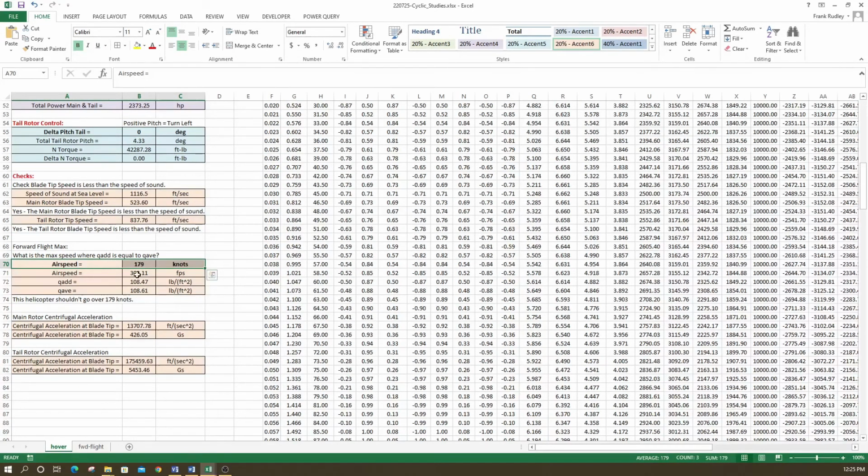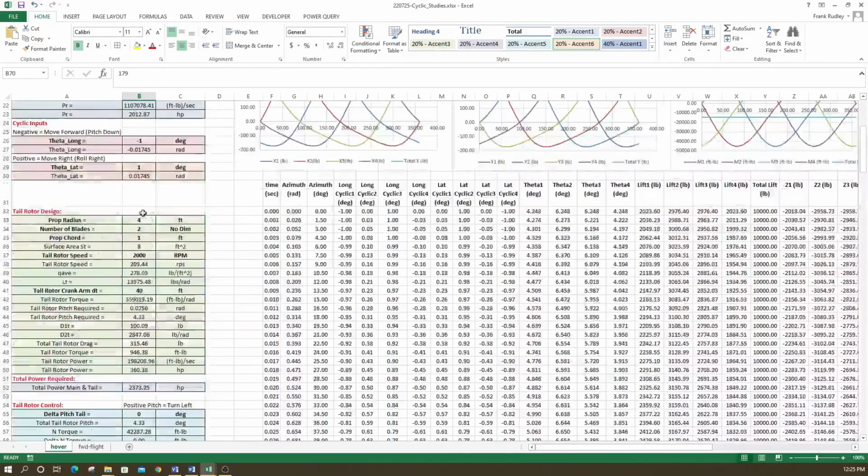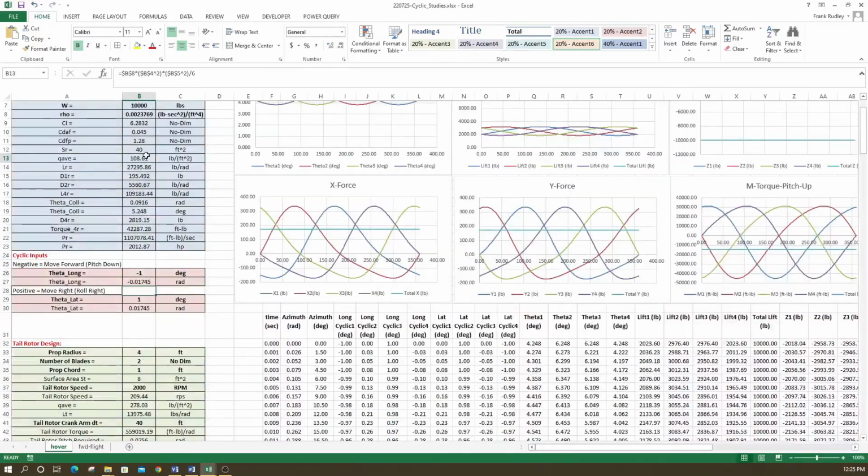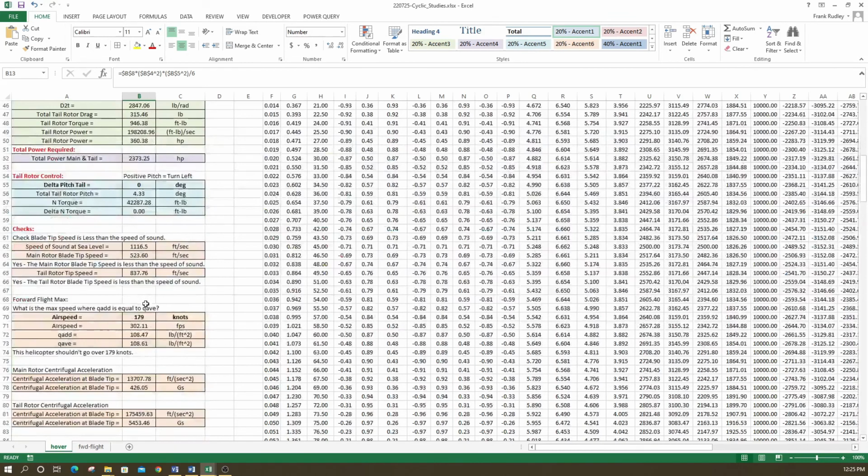And so when I put 179, our Q average was computed at 108.61 back here. That was it there. So I just bring this down here. So I know at 179 knots, I'm approaching 108.47 pounds per square foot.